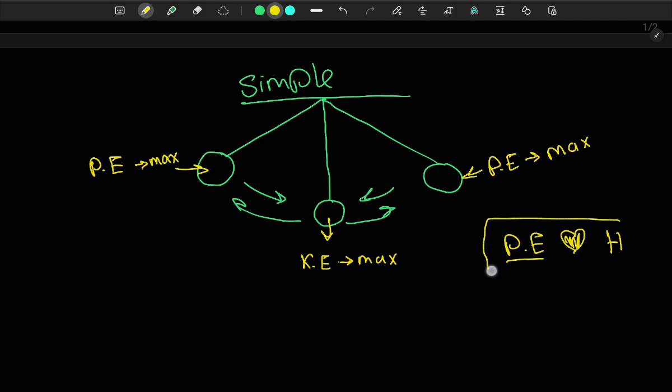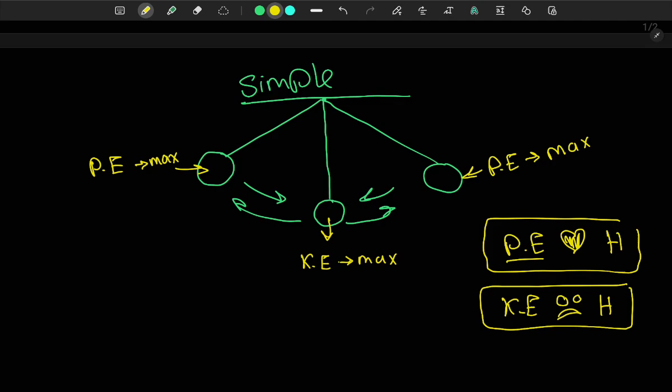While the kinetic energy hates the height. They hate each other, so the relationship between them is very awful. When kinetic energy increases, the height decreases, and the opposite.